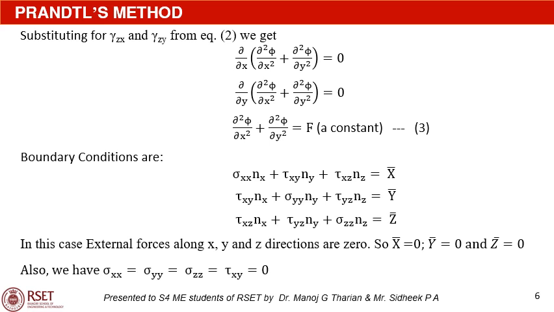We know that in this case, the only externally applied load is the torque T. So the external forces along the x, y, and z directions are 0. So x bar equal to 0, y bar equal to 0, and z bar equal to 0. Also, we have the stress components sigma xx, sigma yy, sigma zz, and tau xy equal to 0.